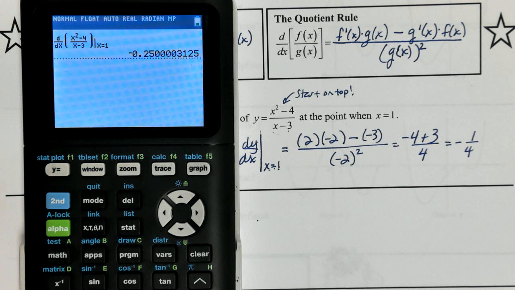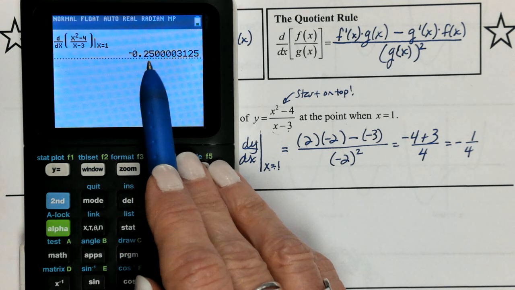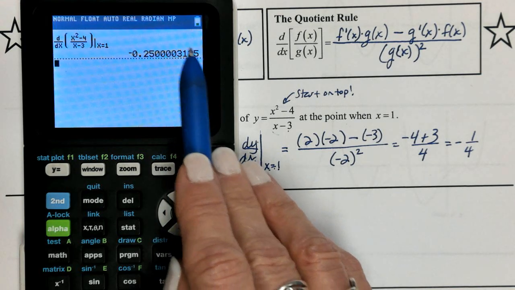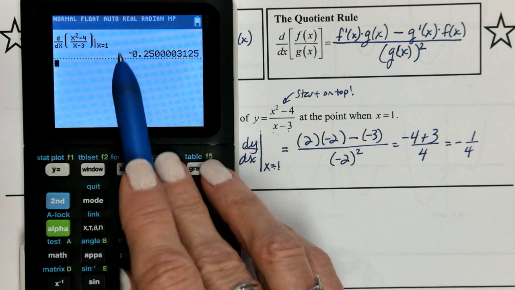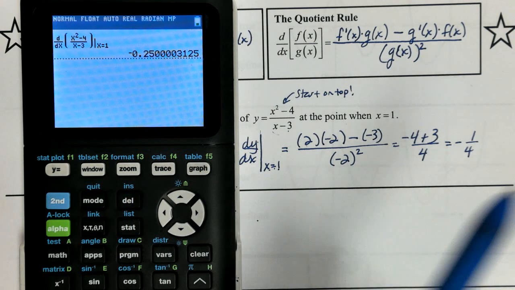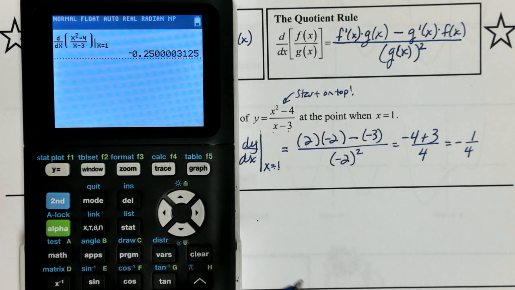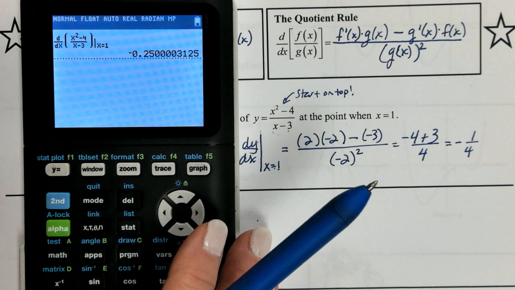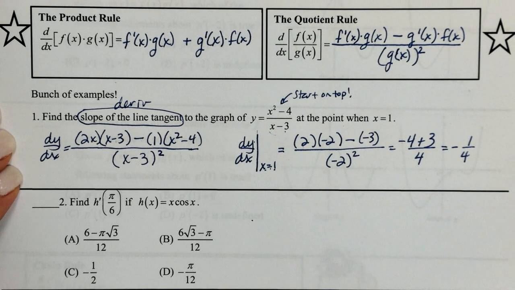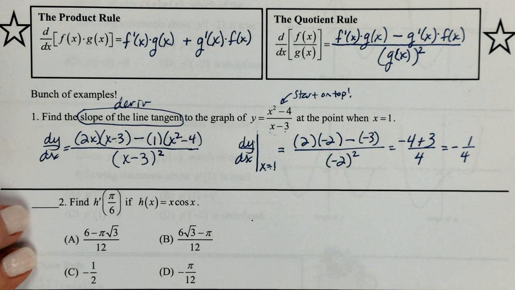And that's what the calculator gave me: negative 0.2500003125. That's the error. The actual derivative is negative 1/4, which we know. So that's how you can do this on your calculator to check yourselves. Or, if it was a calculator active problem, you could just use your calculator for that.